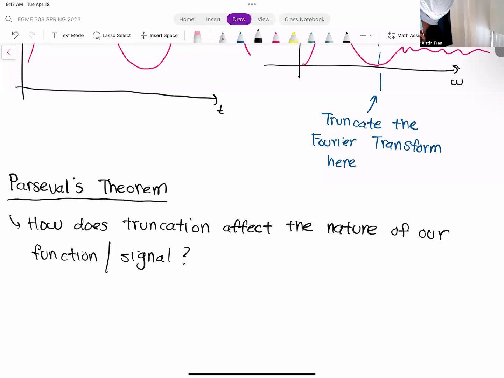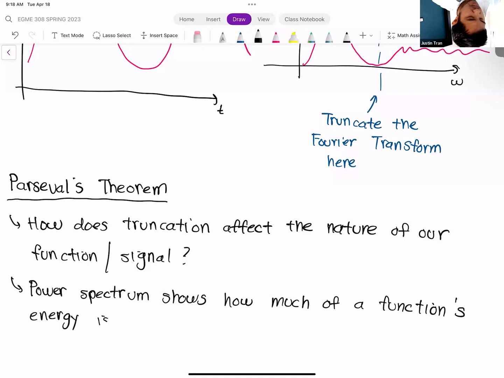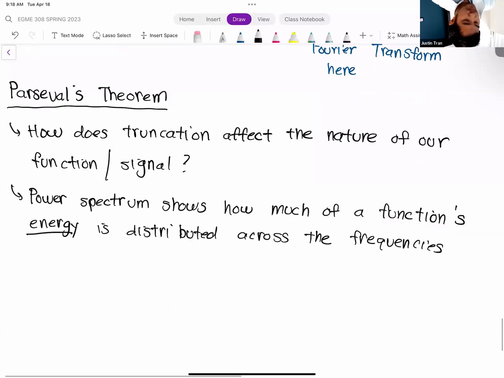But what other effect does that have on our function or signal? What Parseval's theorem states is that another way you can view the power spectrum is that it tells you how the energy in your function is distributed among the different frequencies, hence the name power spectrum.